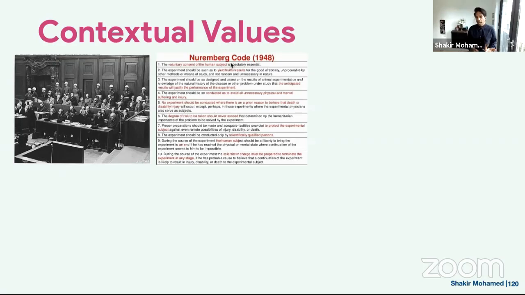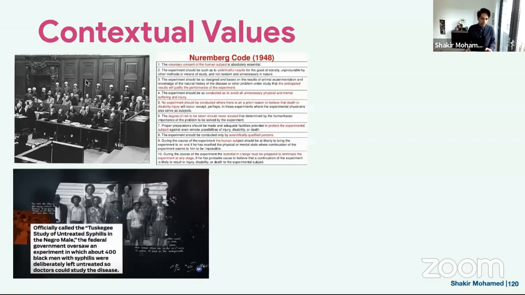But as much as we have the Nuremberg Code, these kinds of injustices, harms, and unethical practices continue to happen. One of the most famous cases is the United States Department of Health public study of syphilis in Tuskegee.